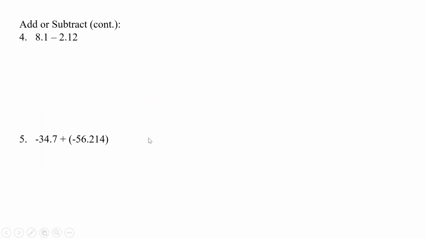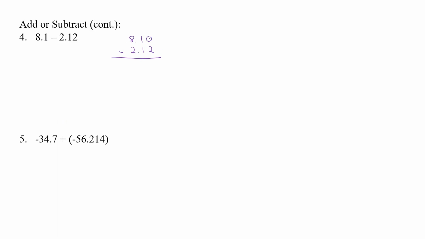Now let's continue on. This one is kind of similar to the last one. We have a larger number that is positive, the smaller number is negative, so we're going to take 8.1 minus 2.12. Now notice this time we have more decimal places on the second number than the first one, so we can go ahead and add that 0 there and be fine.